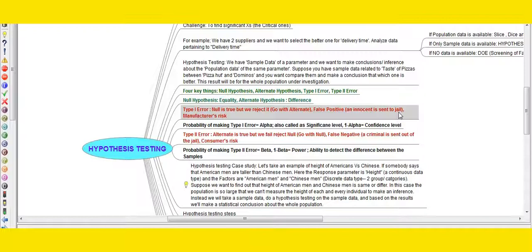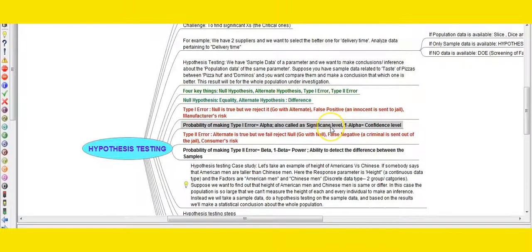So this is an error type which may happen during hypothesis testing, and the probability of making a type 1 error is called alpha. So this alpha is our significance level.